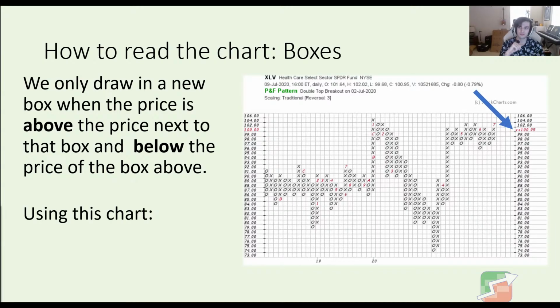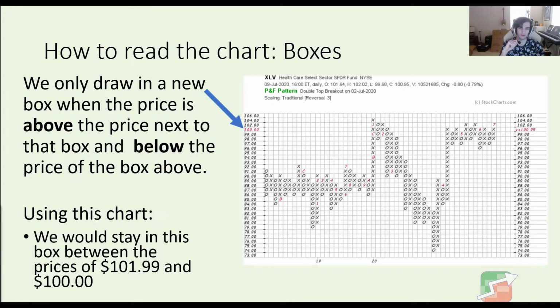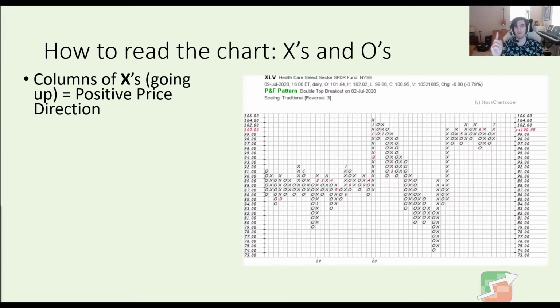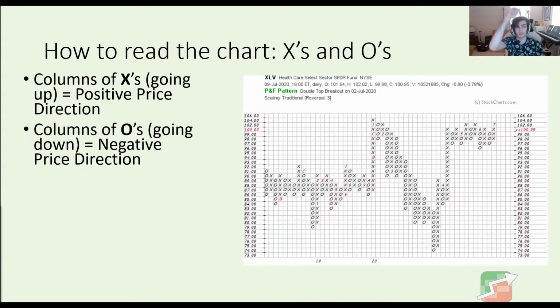So looking at this chart, we see that we're currently in the box of $100. So again, we would stay in this box as long as our price is between $100.00 and $101.99999. So again, as I just quickly said, a column of X's is going up. X's go up. O's go down.